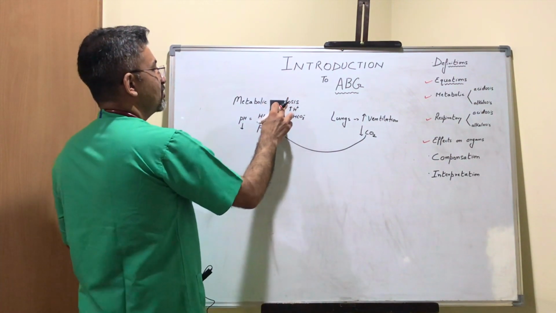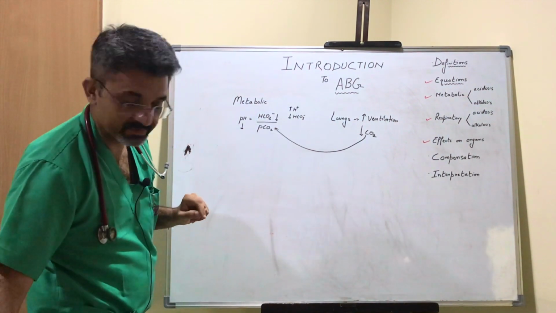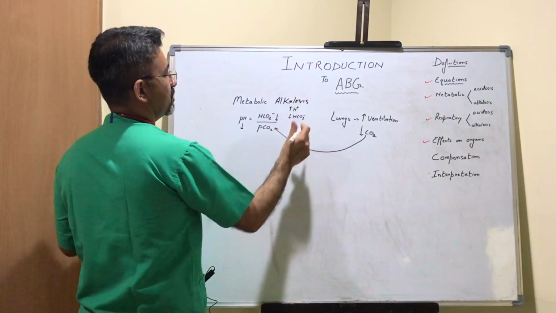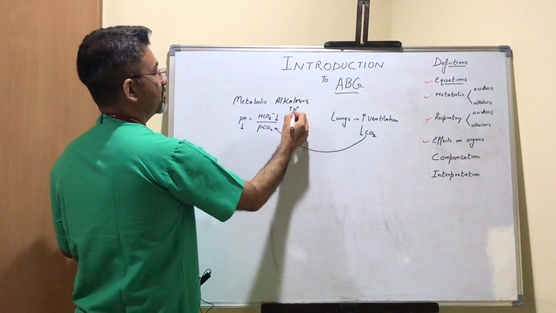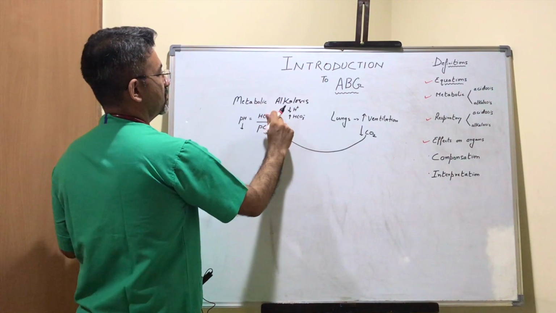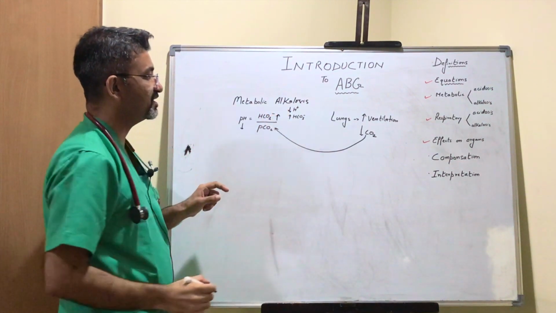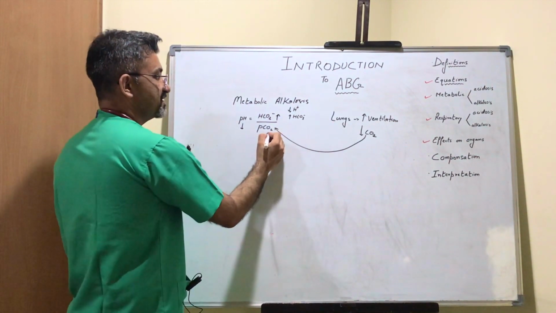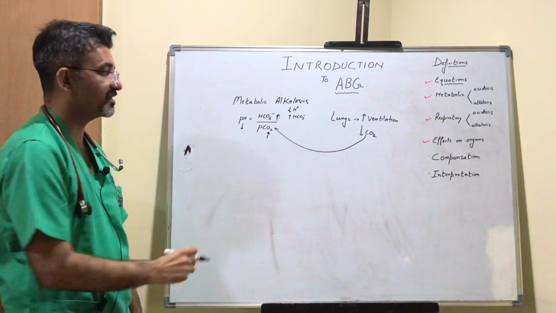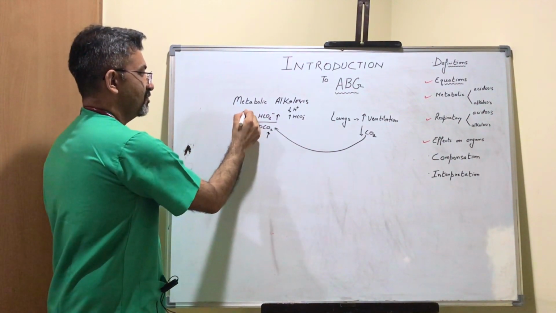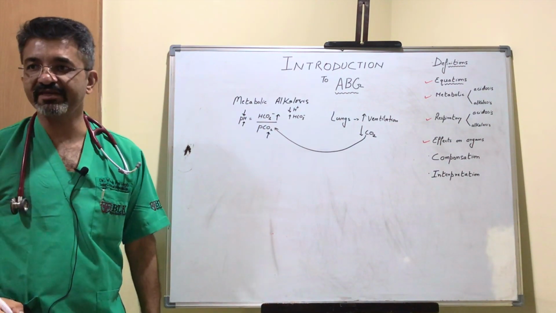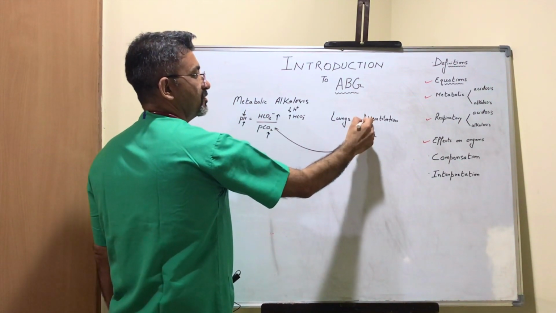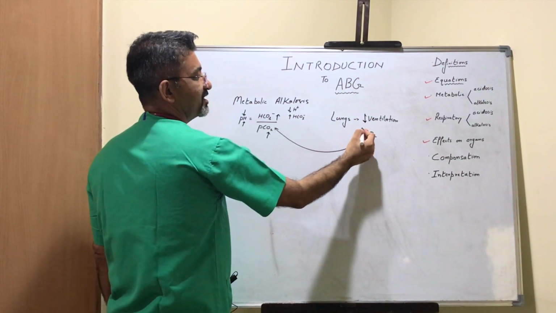Now suppose I have metabolic alkalosis. The same thing: I have an increase in bicarb or a decrease in H ions. So what should be done by the lungs? Lungs should try to preserve CO2. If my PCO2 is preserved, again my pH will start traveling towards normal. So lungs will hypoventilate, so that my CO2 in blood increases.